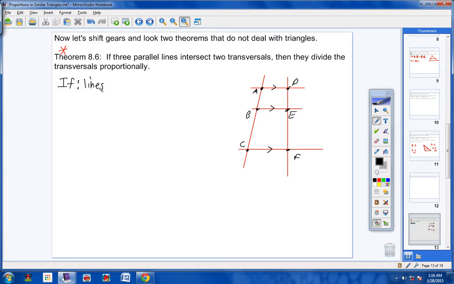Lines AD, BE, and CF are what? Parallel. Then here we go, students. I could say AB over BC equals this segment over this segment, DE over EF.